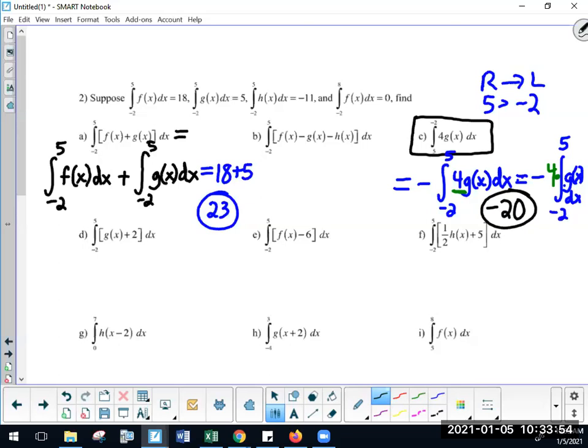Perfection. Okay, we are going to look at a couple more of these, but not today. They are going to be part of your practice that will come on Thursday and Friday.